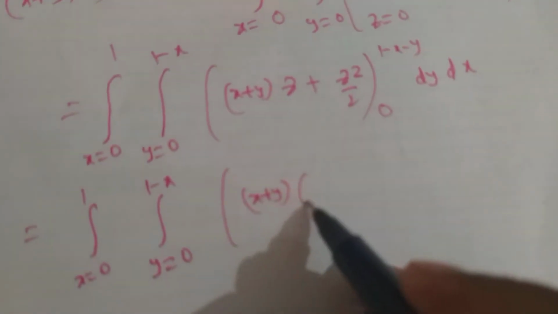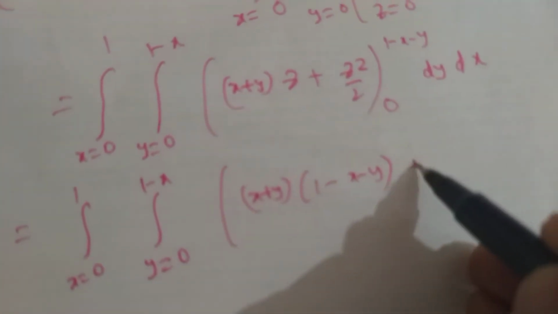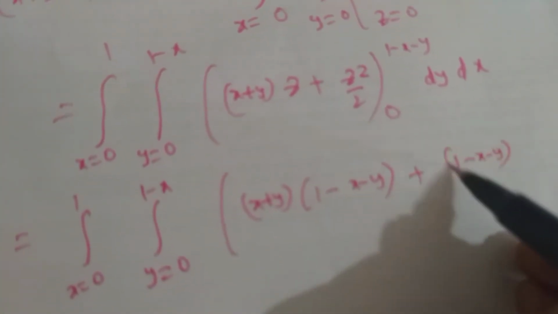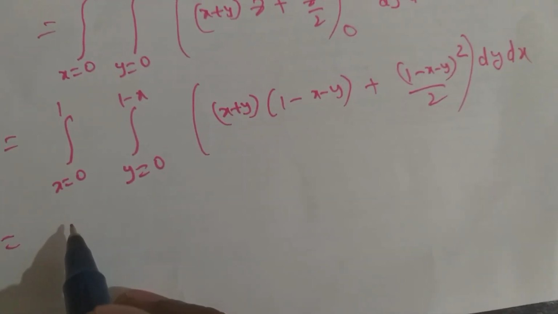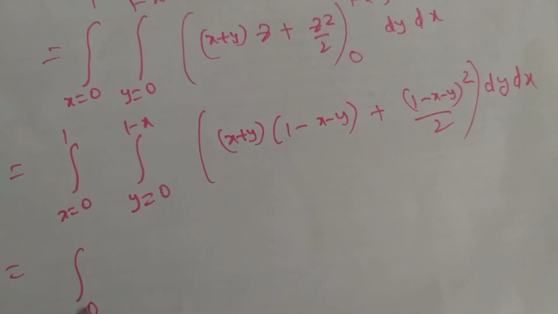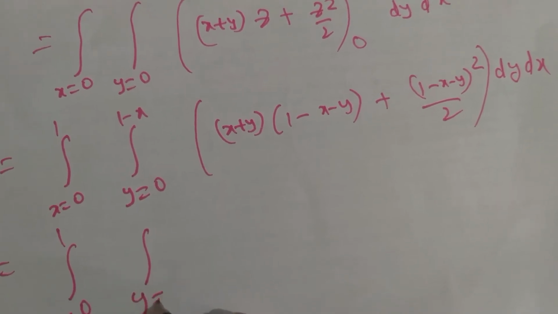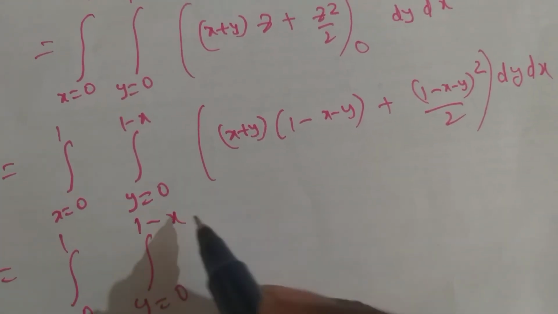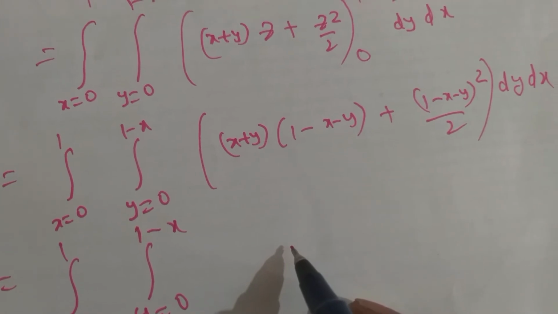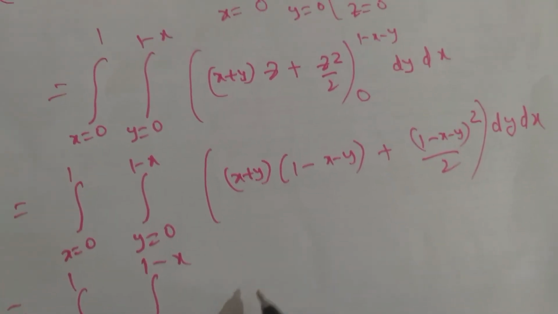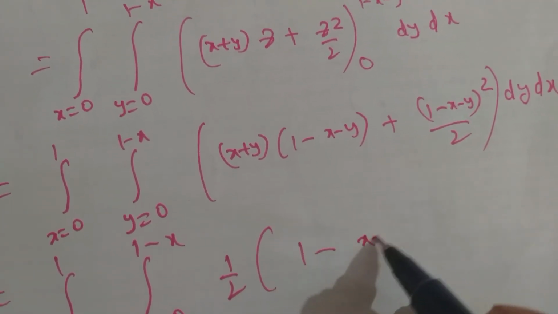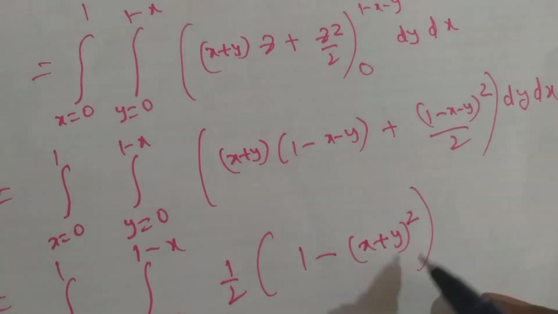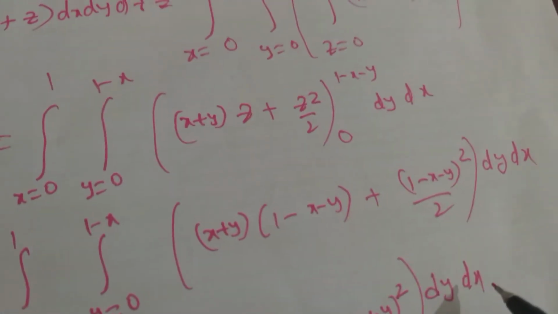Upper limit is 1 minus x minus y, plus again 1 minus x minus y whole squared by 2, dy dx. After simplifying we get 1 by 2 times (1 minus x plus y) whole square dy dx.